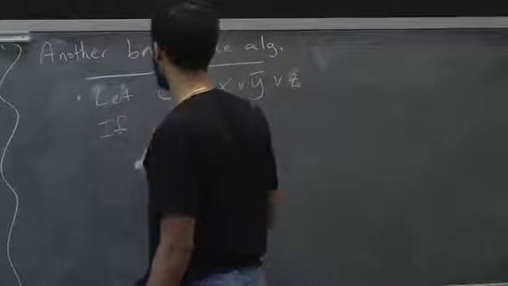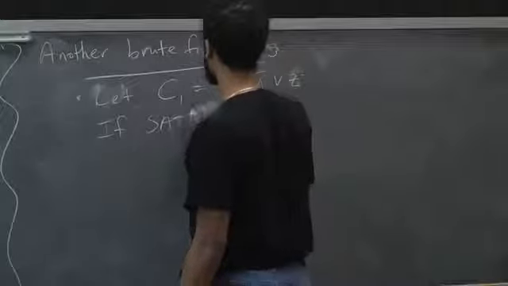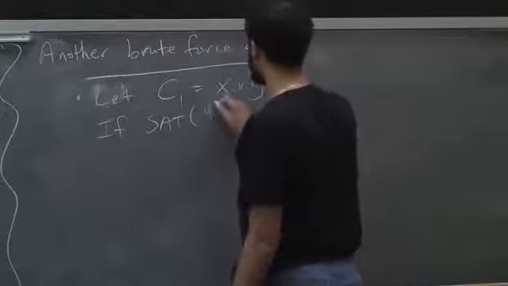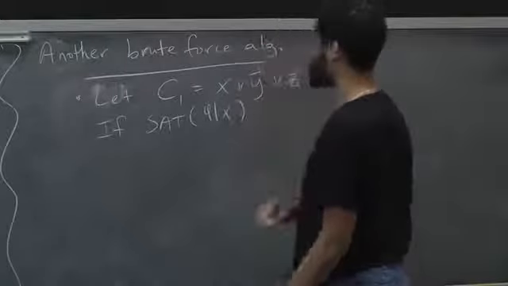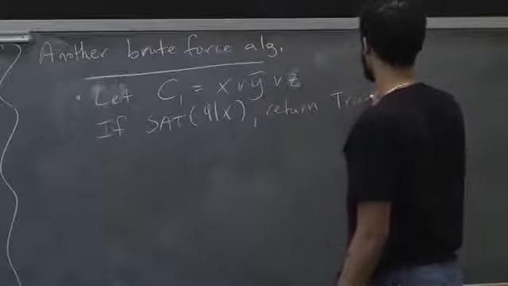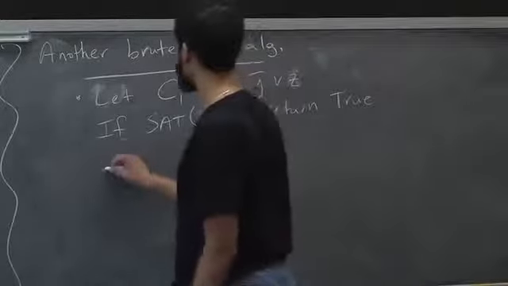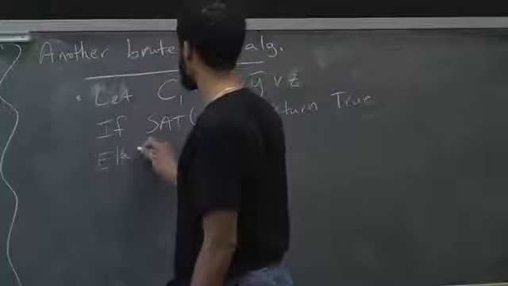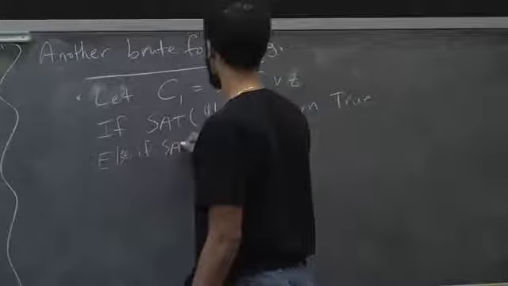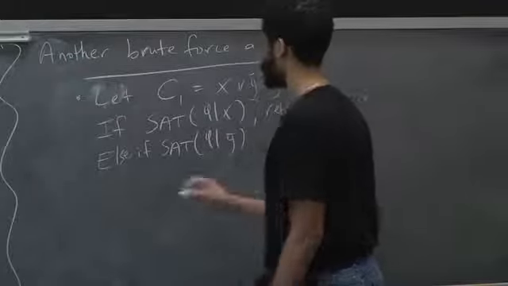If the formula phi given x is satisfiable, return true. Okay, but maybe it's not. So then we'll try setting y to be 0. Else, if it's possible to satisfy phi y bar, return true.